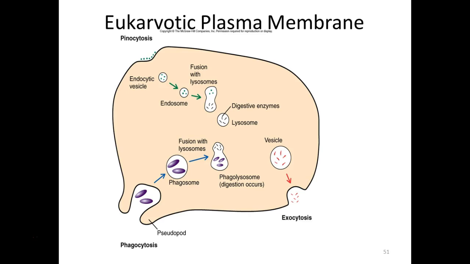So to keep ourselves from digesting ourselves, we take digestive enzymes and we package them in a membrane. That type of vesicle is called a lysosome. Those contain digestive enzymes. So when one of our white blood cells ingests that, they're going to fuse a lysosome with it. Basically dump digestive enzymes onto those bacteria and kill them.